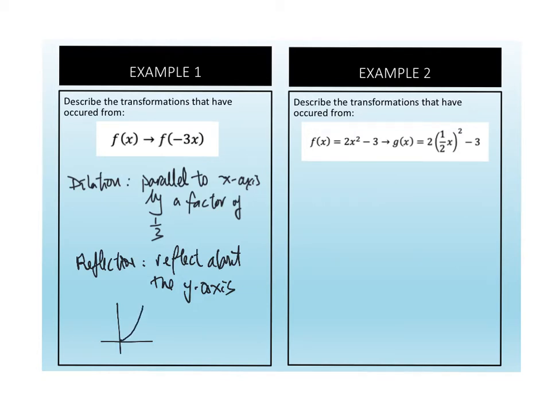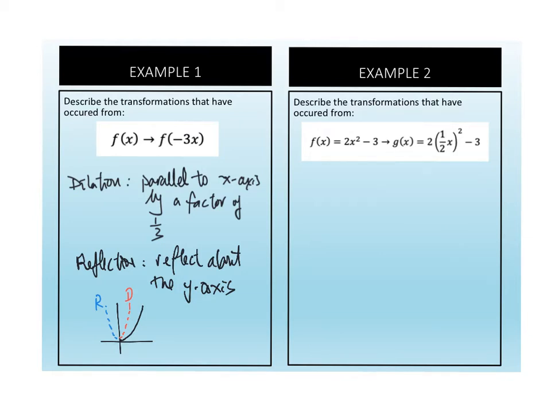And then you dilate it, and then you reflect it. All right? So I will say this is step 1, which is the original. Step 2, dilate. And this is reflect. All right? So does that make sense?